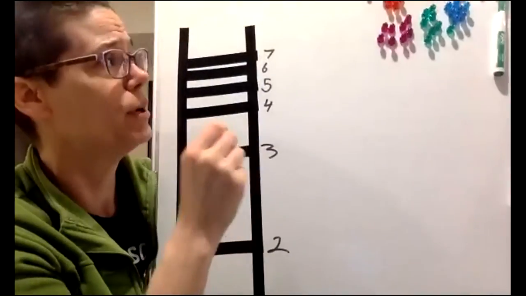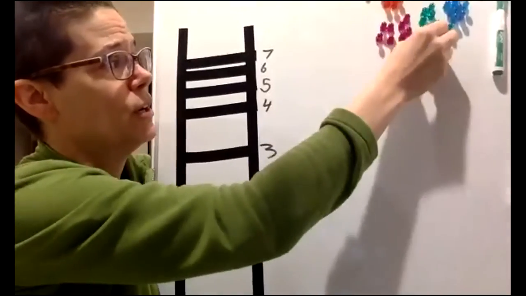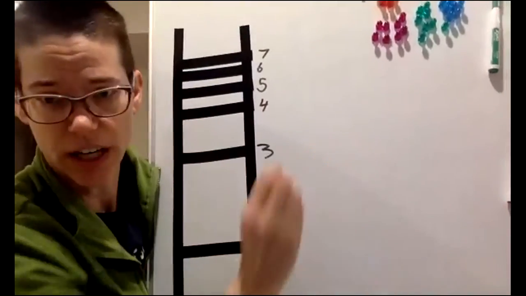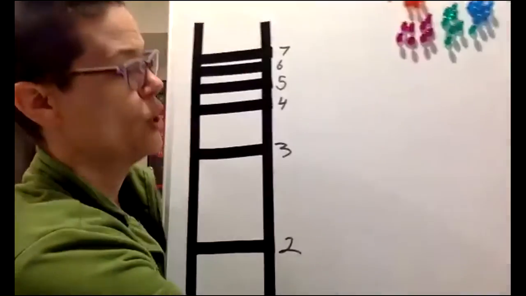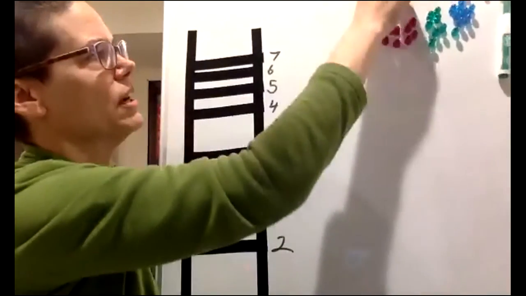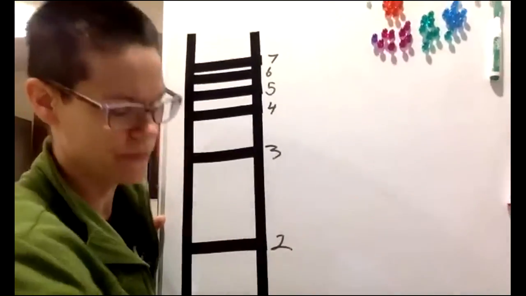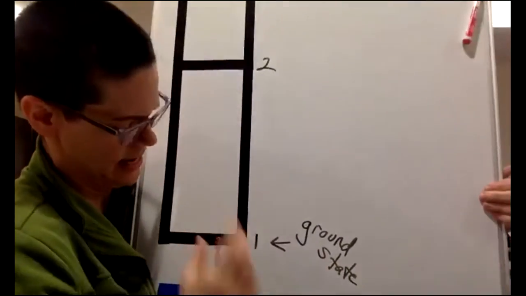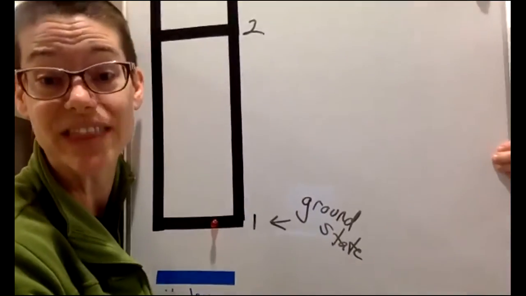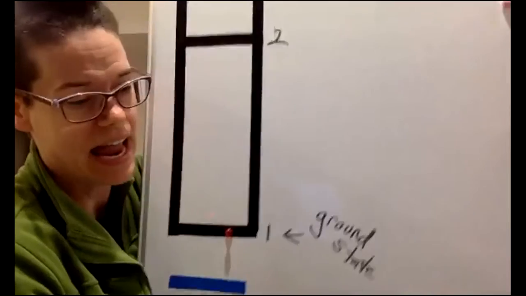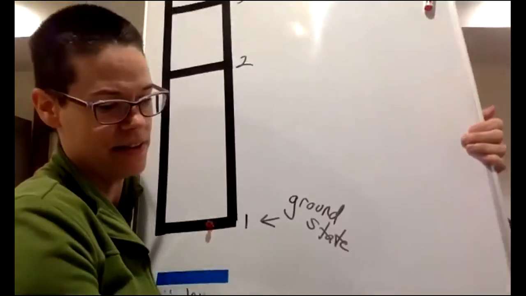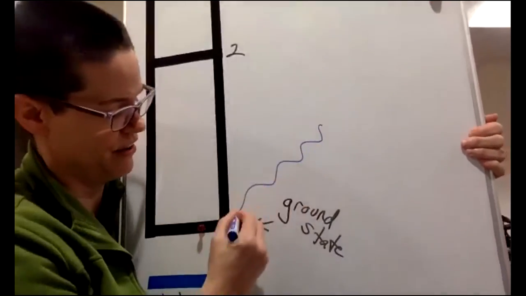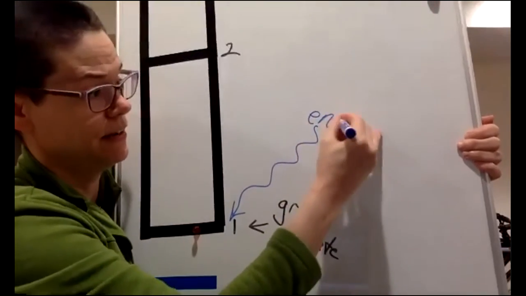It goes up. So I'm going to use one of these little magnets as an electron. Actually, let me use a bright reddish orange one. What was just happening there is I had an electron down here in the ground state. And you get some sort of energy that goes in.